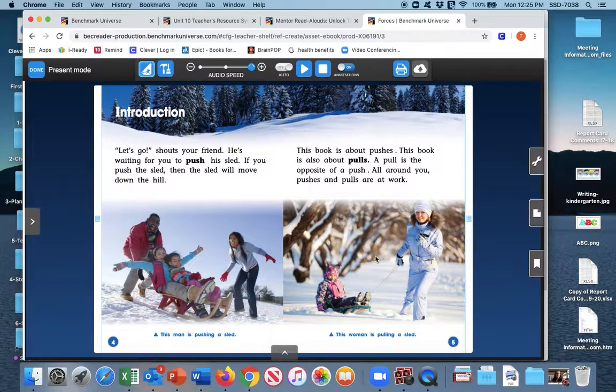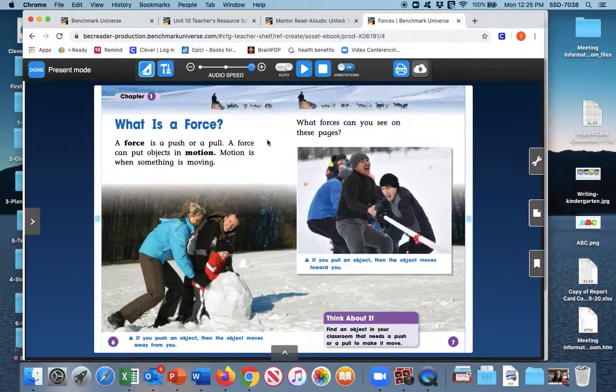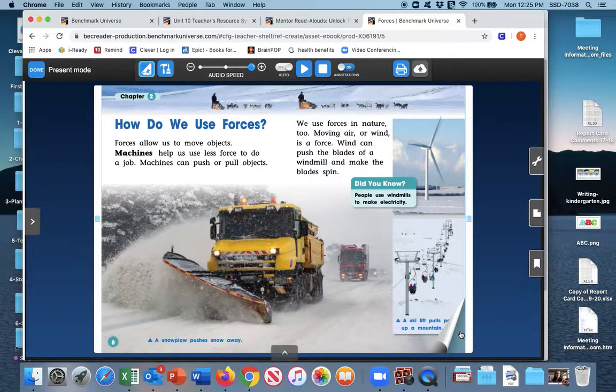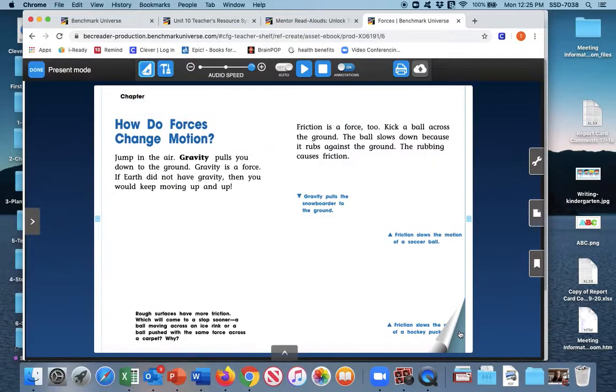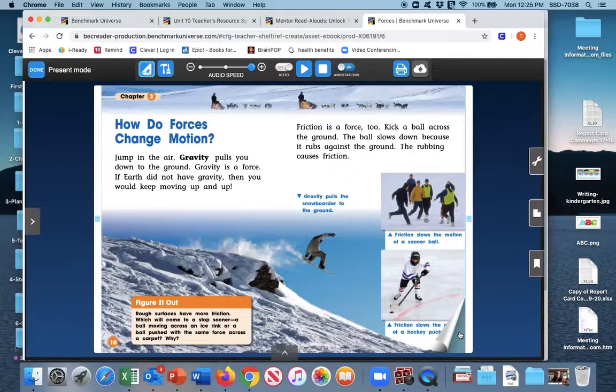And then as we go on to the next page, we see that our story, our information is broken down into chapters. Chapter 1, what is a force? And then it goes on to chapter 2 and chapter 3. So the table of contents helps us to find something that we're interested in quickly.